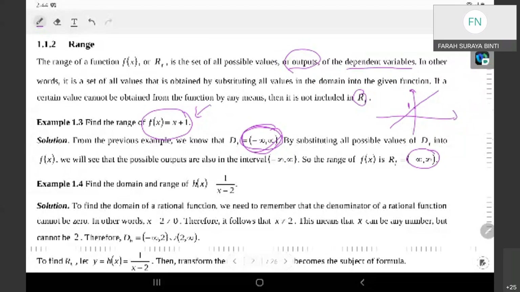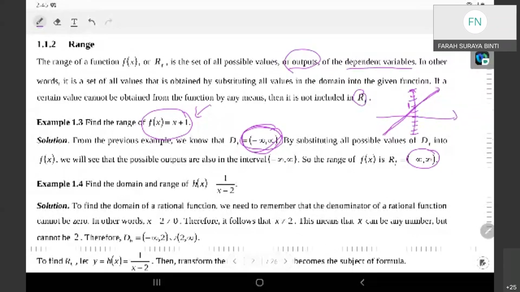So tengok dekat sini nilai y berapa yang ada graph. So graph ni daripada bawah sampailah ke atas. So sebab itulah range dia daripada negative infinity sampailah infinity. Okay, all the values of y. Okay, itu cara nak cari range untuk any linear equation.